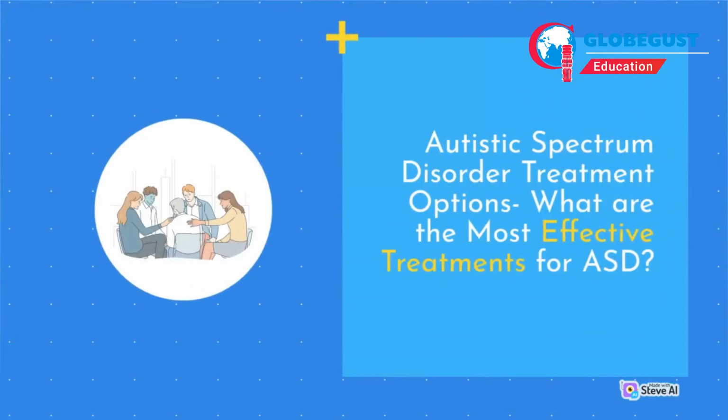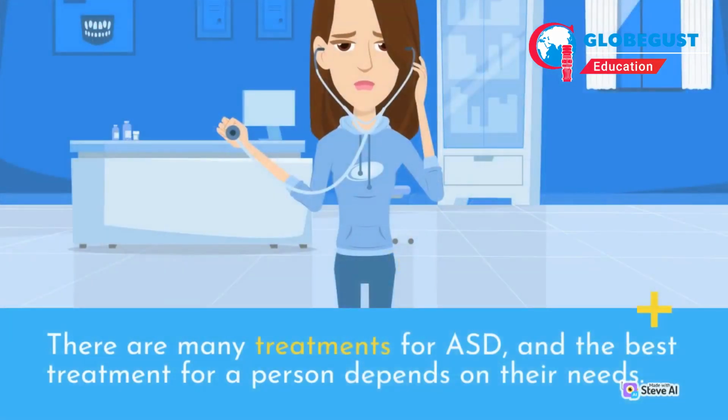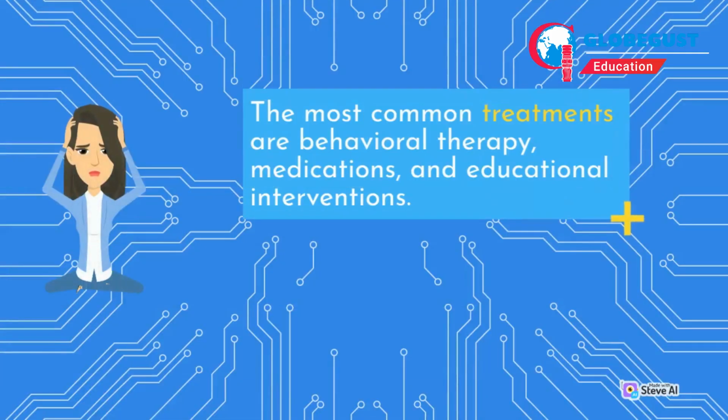Autistic spectrum disorder treatment options. What are the most effective treatments for ASD? There are many treatments for ASD, and the best treatment for a person depends on their needs. The most common treatments are behavioral therapy, medications, and educational interventions.